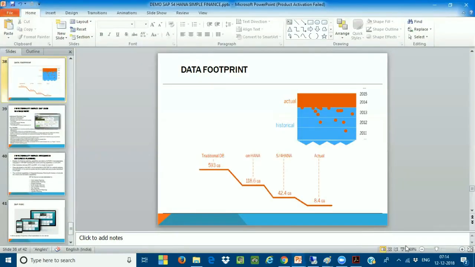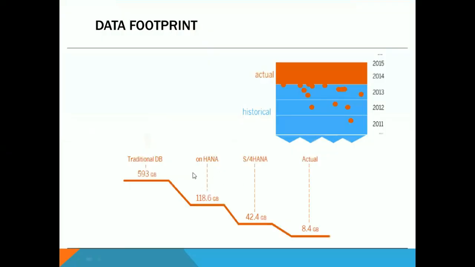When I brought this data into the HANA database, you can see the data compressed to 118.6 GB. Why? Because I'm using columnar storage. I don't have any aggregations or materialized views from today onwards. So the volume of the data, I can compress in my HANA.